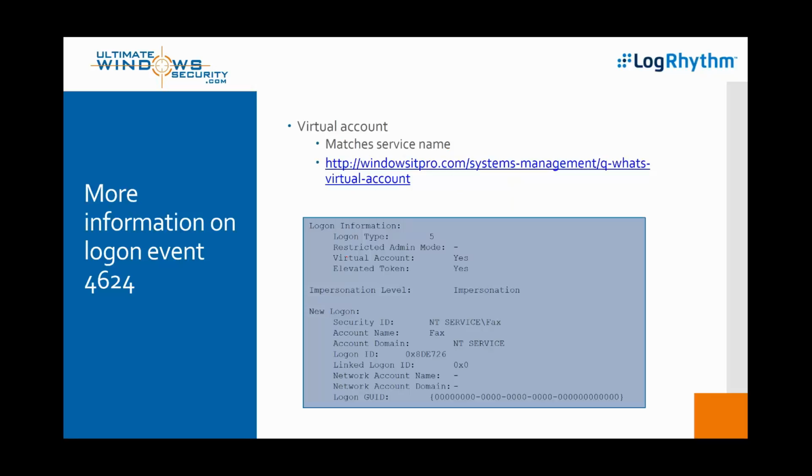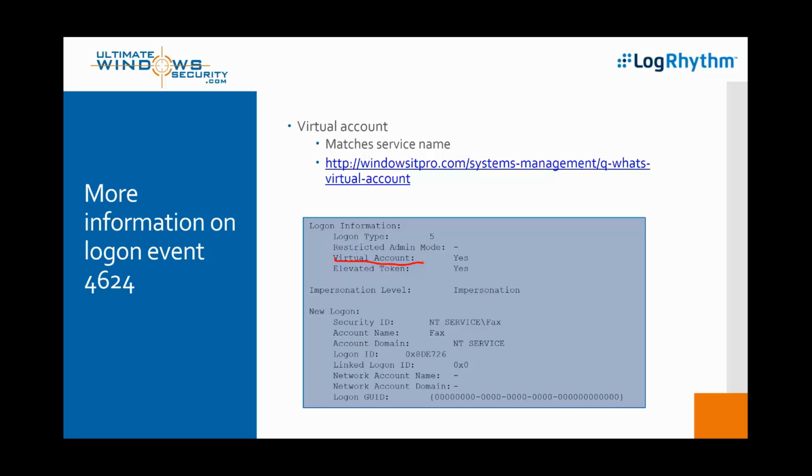You might have noticed, first of all, one of these other new fields, virtual account. Those are associated with services. You can now run services with the logon as user account on a service just be the name of the service.